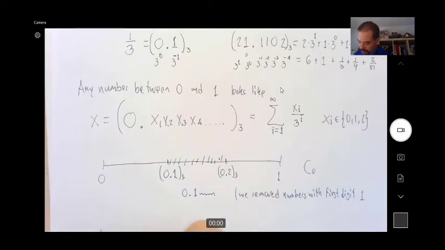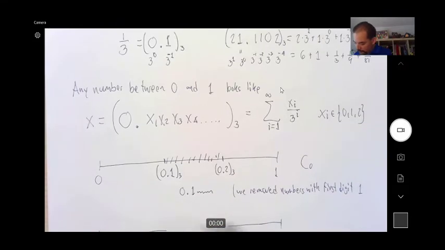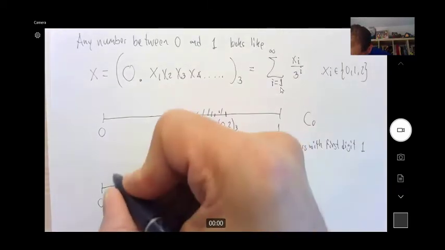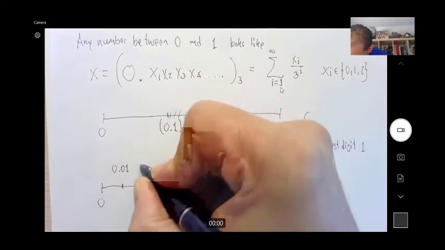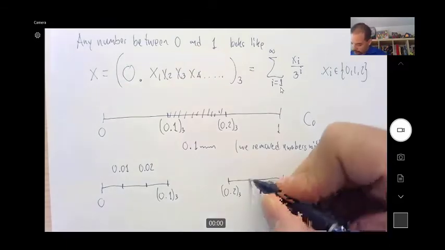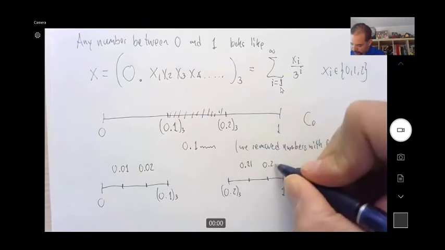Now, let's go to the next iteration. For the next iteration, we had already removed the middle third. Now we remove from here to here. And what are these numbers? Well, this one is 0.01, and this is 0.02. And we also remove from here to here. This is 0.21 and 0.22.